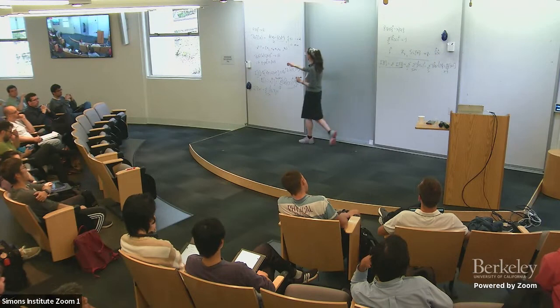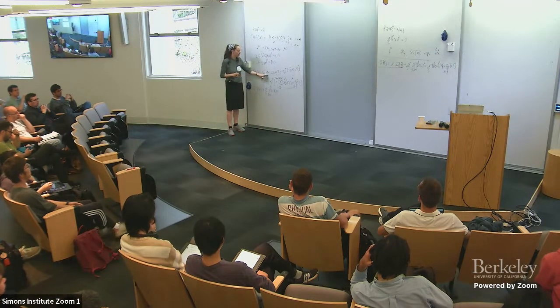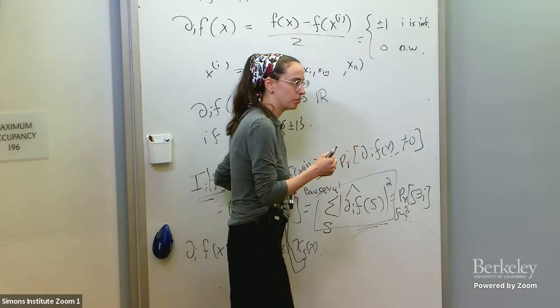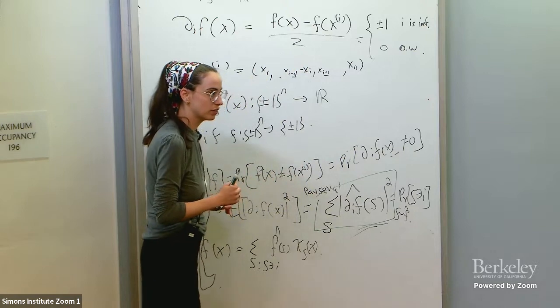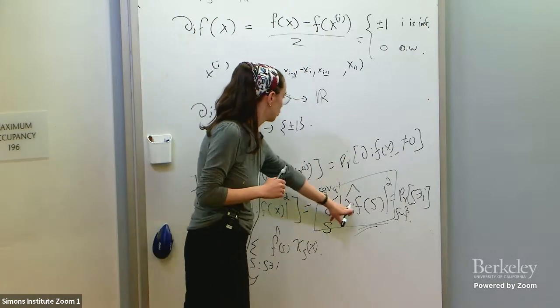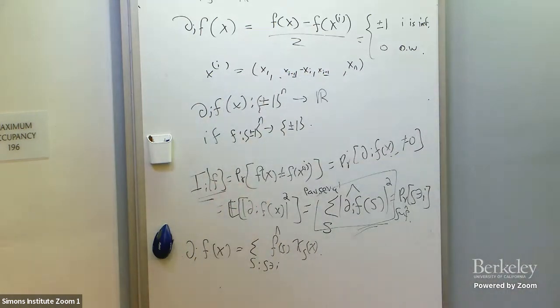So for the individual influence, you can think about the definition as the probability that f(x) is not equal to f(x) when you flip the bit i for Boolean functions. And then you can think about the generalized definition as just the Fourier representation. And when you sum all of them, the total influence becomes the same definition. Just sum all of them.